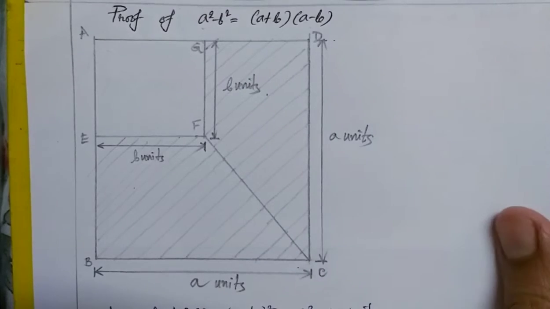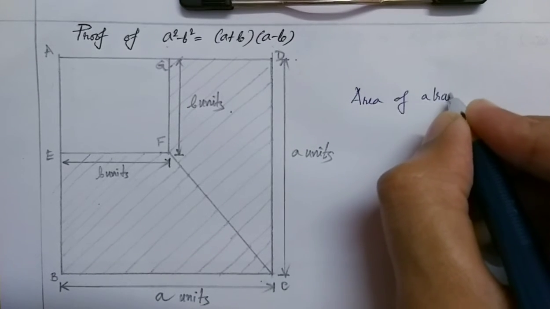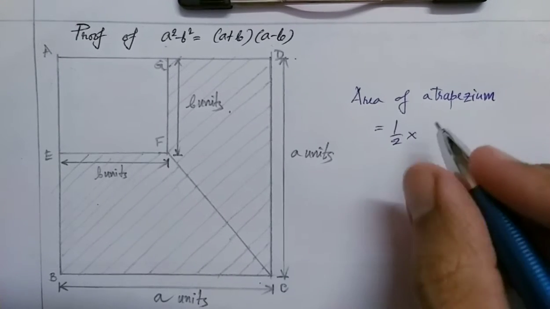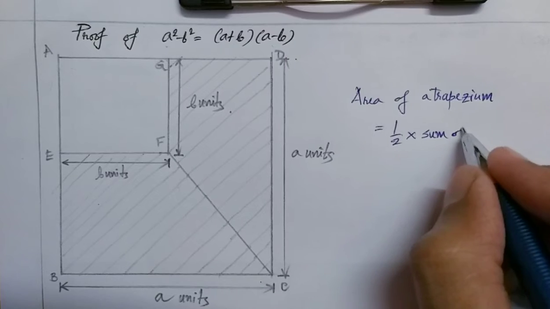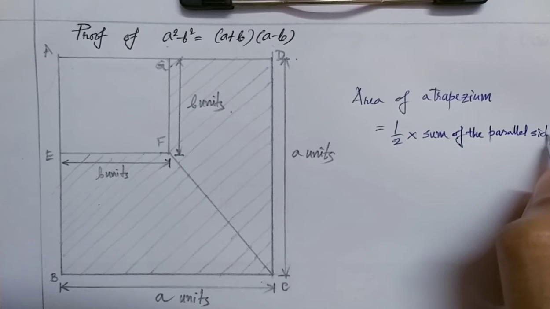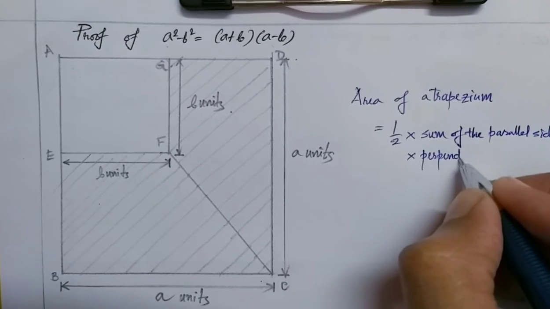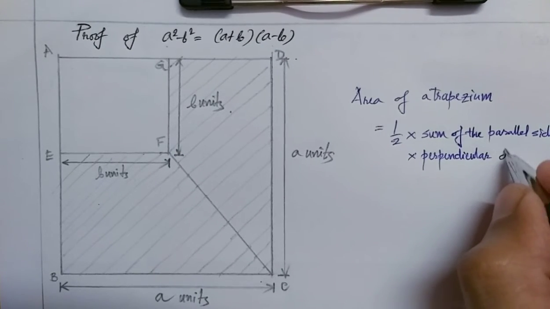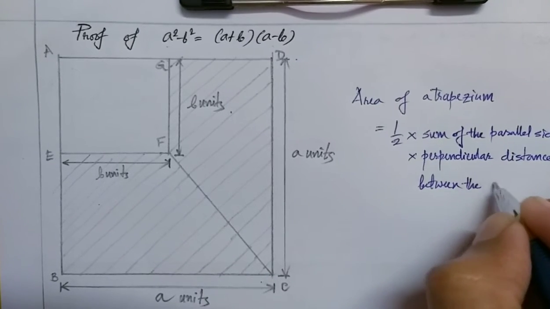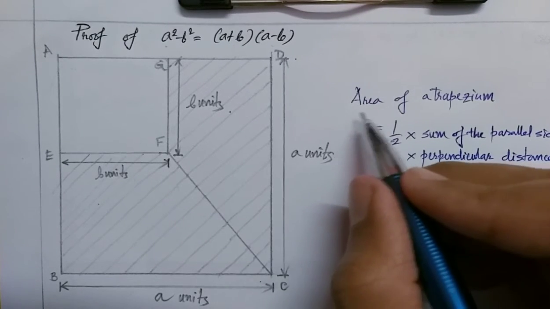Now perhaps you know that the area of a trapezium is half into the sum of the parallel sides into the perpendicular distance between the parallel sides. This is the formula to find the area of a trapezium.